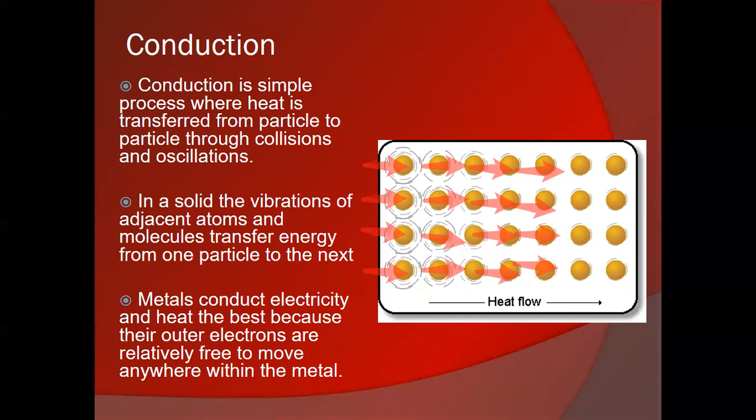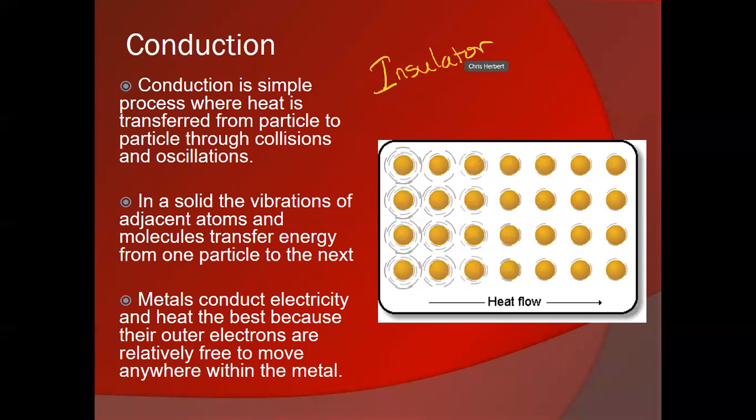And that's good because if you have something that's insulating, that allows you to pick up something that's hot, but have some sort of insulating barrier that doesn't conduct the heat very, very easily. So something that is a poor conductor is known as an insulator, okay?